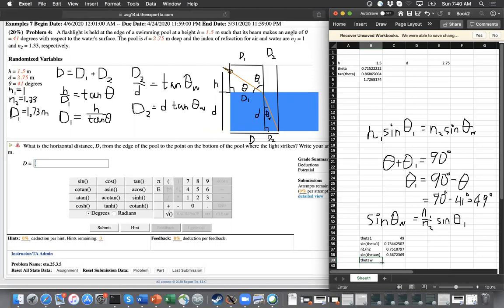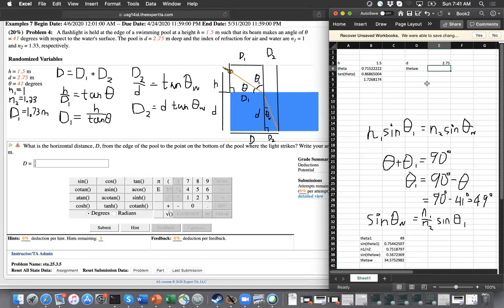We can then figure out what theta w is just taking the arc sine of that, which gives me a number that is again in radians. So I need to take this and multiply it by 180 over pi to get it in degrees, and it turns out to be about 34 degrees. So less than this angle, maybe I drew it a little steeper than I should have, but it's fine. So now we have what we need.